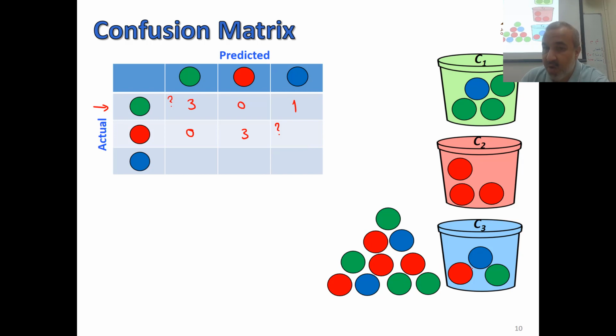Yes, C3. How many of them are red? How many here are red? 1. This one? 1, 0, 1. Okay. Any objections?